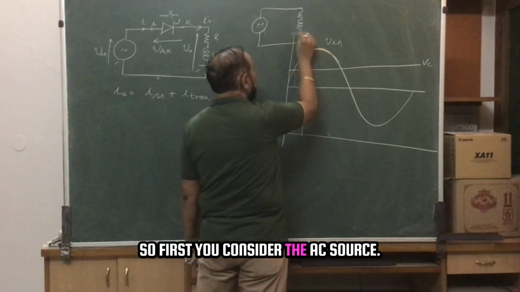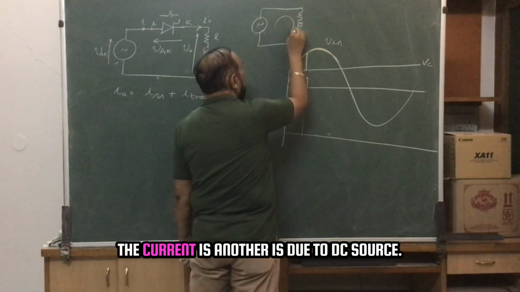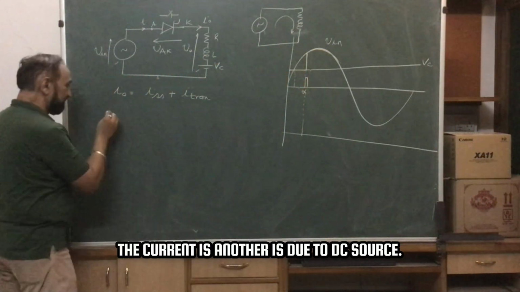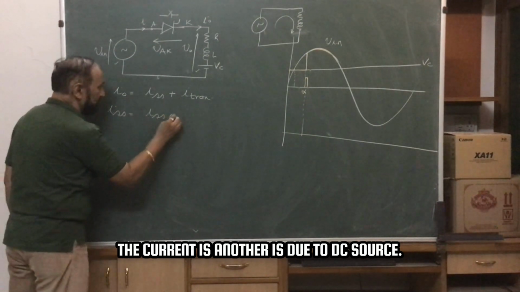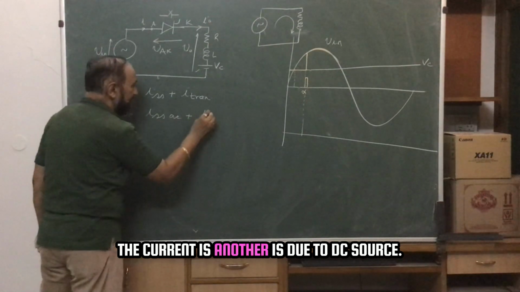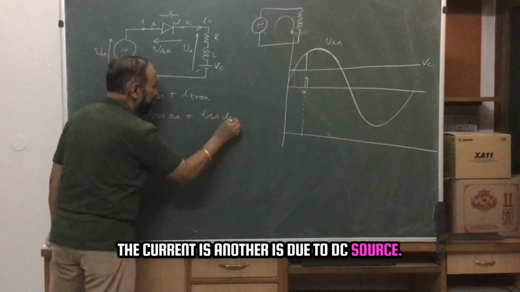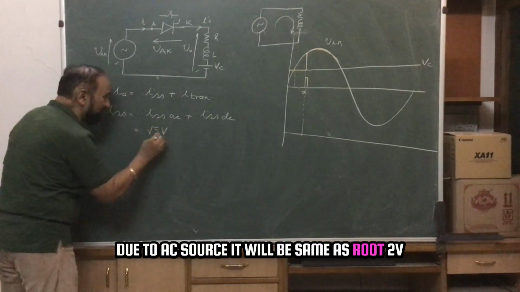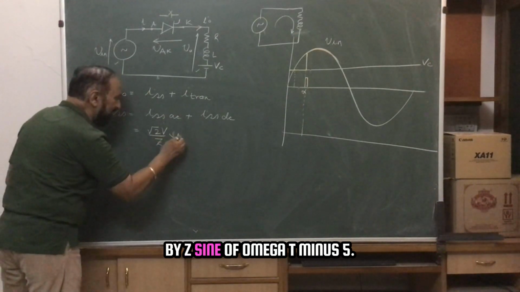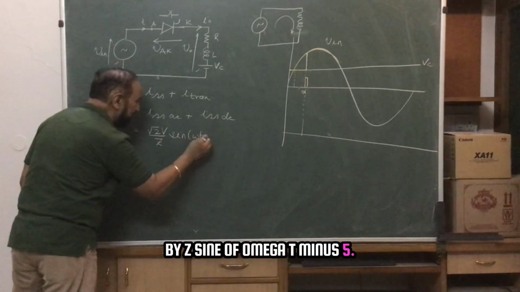So first you consider the AC source, the current is, and another is due to the DC source. Due to the AC source, it will be the same as root 2 V by Z sin of omega t minus phi.